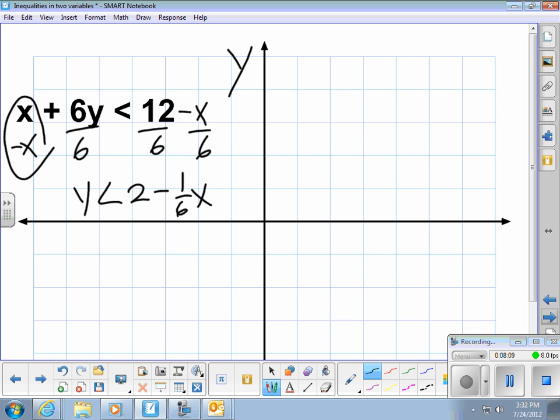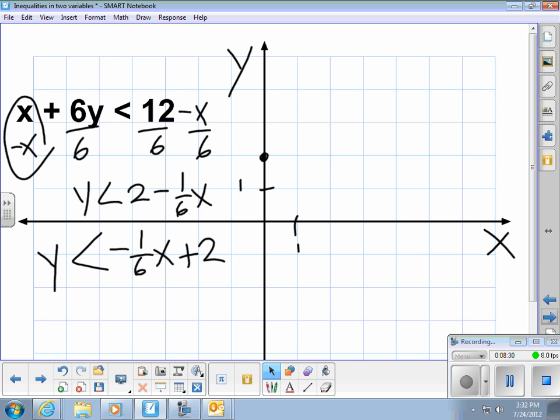We could write the x term first, if that helps us see our y-intercept better. Our y-intercept is 2. And our slope is down 1 over 6.